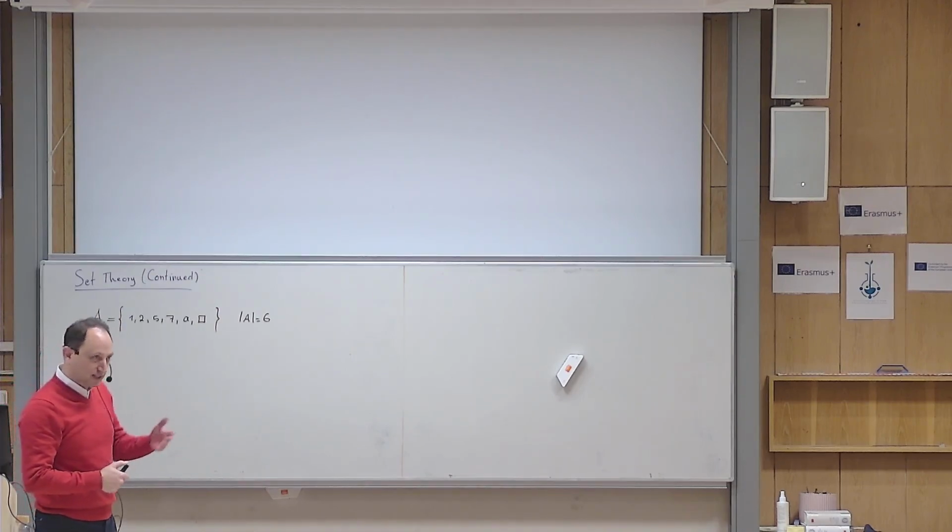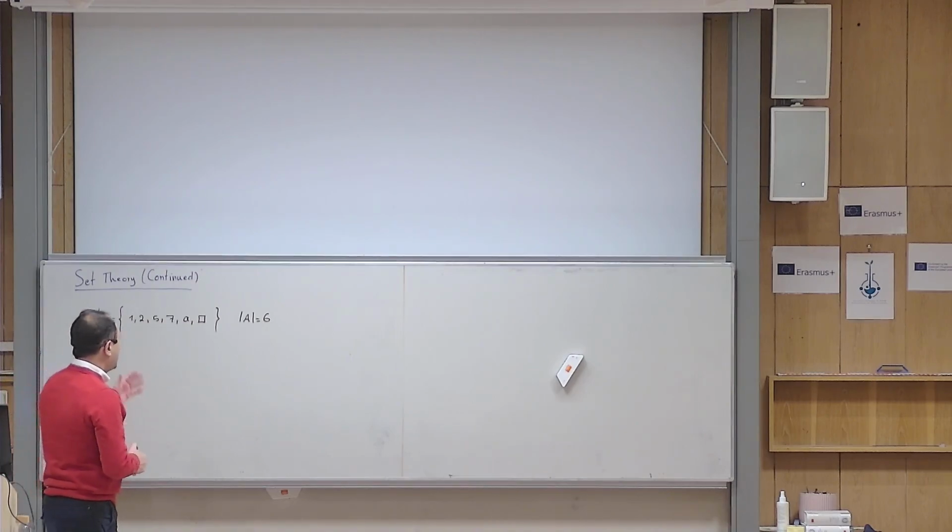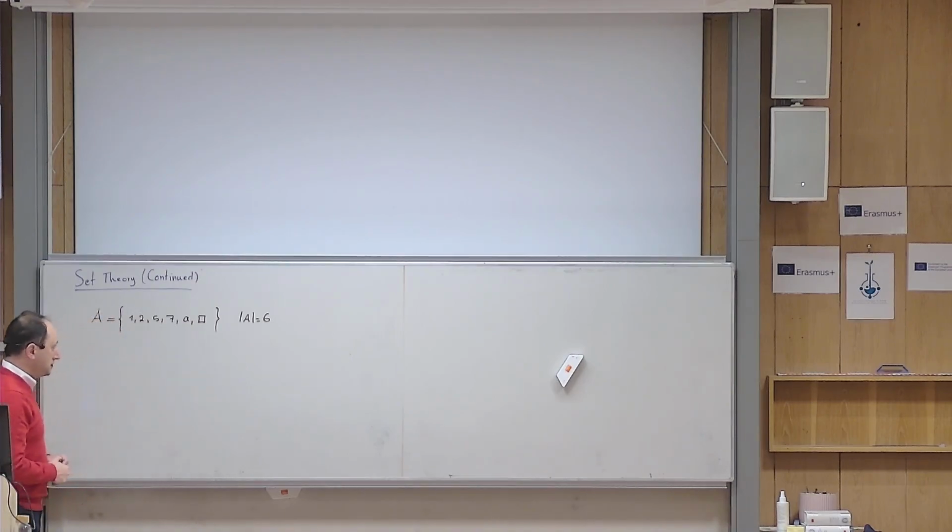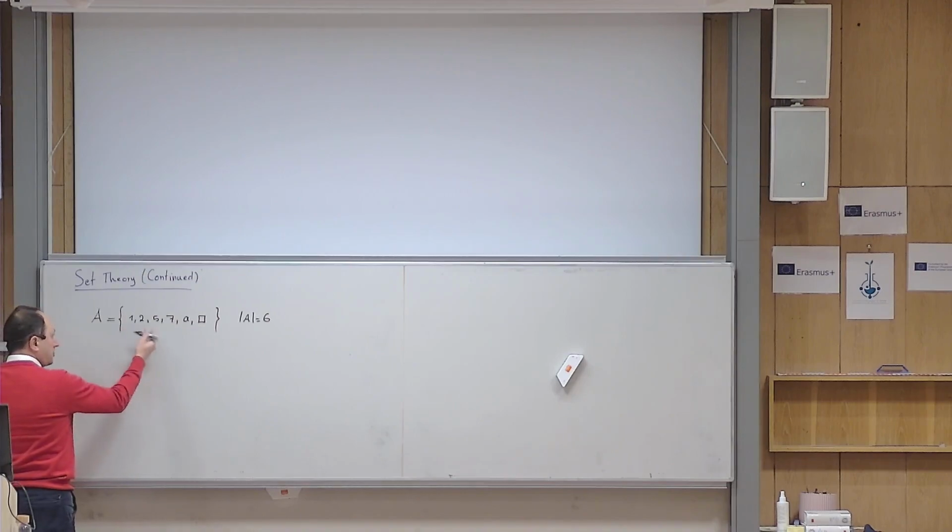Then we realized that we might have different sizes of infinities, even though that was not part of this lesson. We discussed this a little bit. And then we also learned that usually we describe the elements of the set by mathematical symbols.